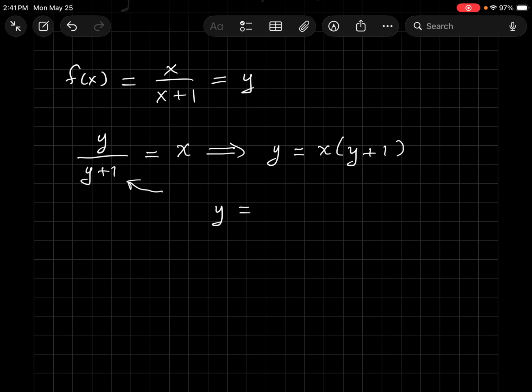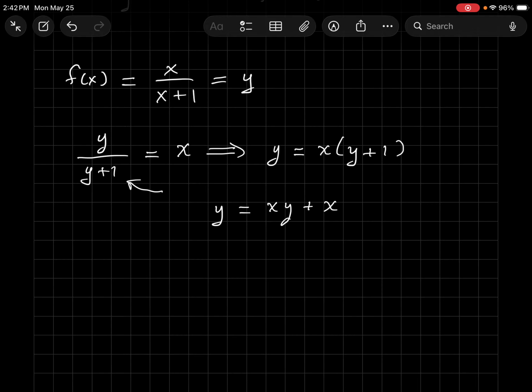Now, even if you're not sure what to do or why I'm doing it when I'm doing it, you might think, well, even though I don't know what I should do, I can distribute. So I'm going to distribute this thing and see what happens. So we end up with y equals xy plus x when we distribute the x.